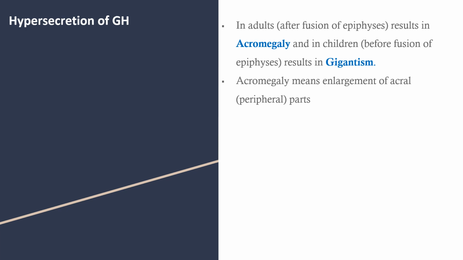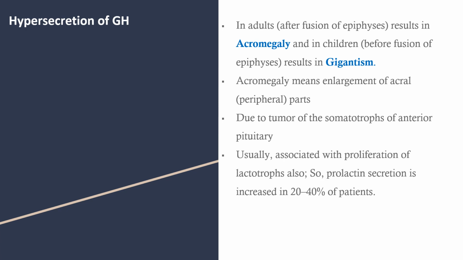Acromegaly means the enlargement of the acral parts, that is, the peripheral parts. It is due to a tumor of the somatotropes of the anterior pituitary, usually associated with proliferation of lactotropes also.